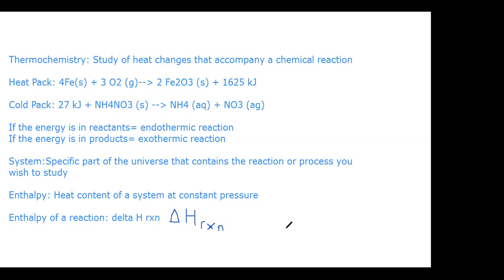Okay, so delta H RXN is the enthalpy of a reaction. All right, and so when you're looking at that change in reaction, the enthalpy of reaction is going to be equal to the enthalpy of the products minus the enthalpy of the reactants.